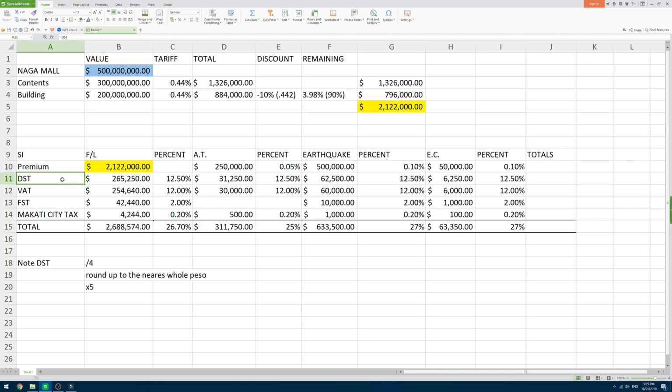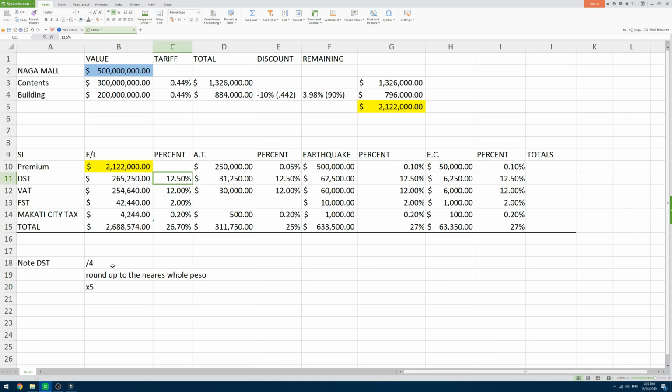That's not the end yet, because there are legal fees and taxes that need to be paid. First is the documentary stamp, which is 12.5%. Another way of computing this is to divide it by 4, round it up to the nearest peso or cent, and then multiply by 5.